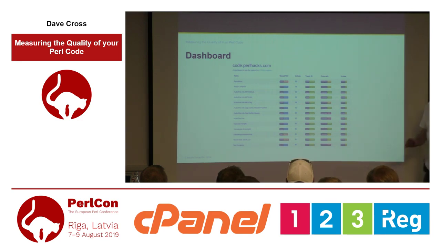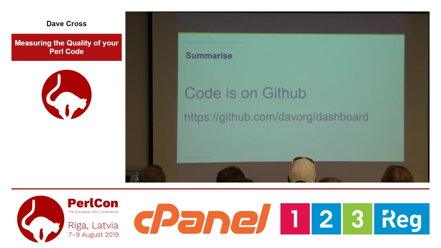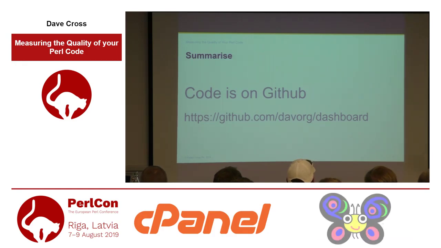It's quite an easy way to work: if I'm bored on a Sunday afternoon and think I should do a little bit of work touching up one of my CPAN modules, I can go here and it gives me clues as to places I might want to have a look. The code is there on GitHub if you want to do the same for your stuff, and if you do find it useful, I would appreciate a tweet or an email telling me that you've used it.